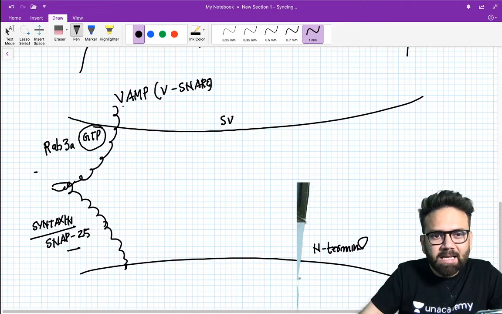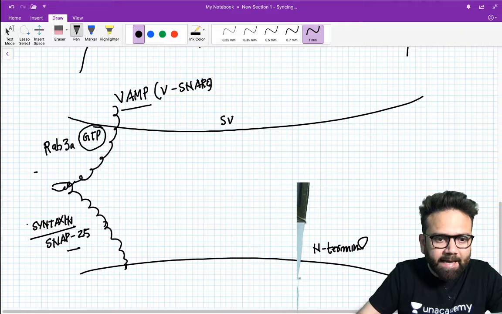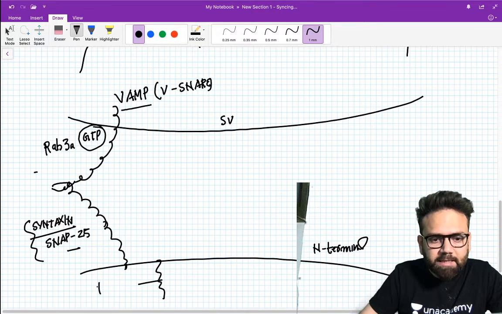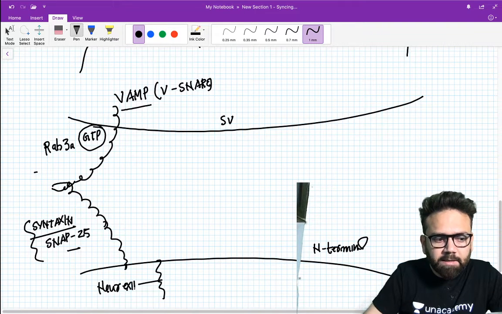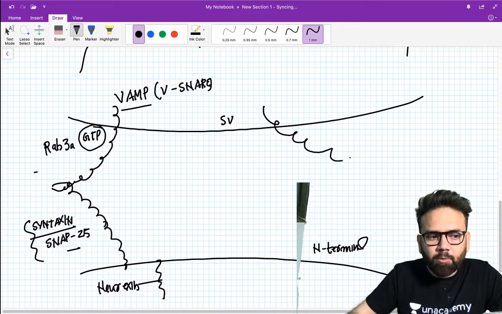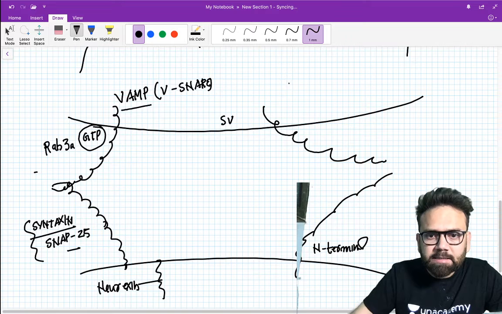So there is entanglement of the VAMP with syntaxin or SNAP, and then there is a protein called neurexin. These are all docking proteins. Then there is a protein required for docking called synaptotagmin.